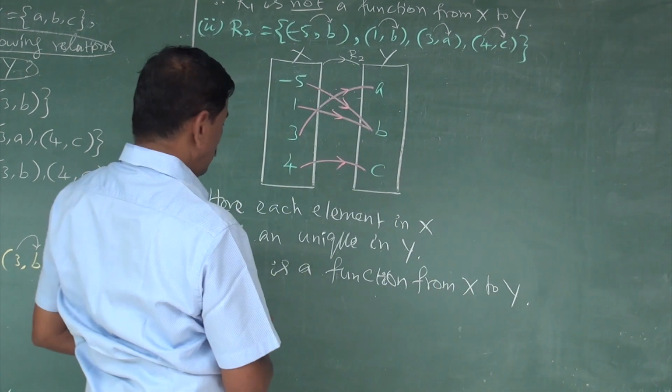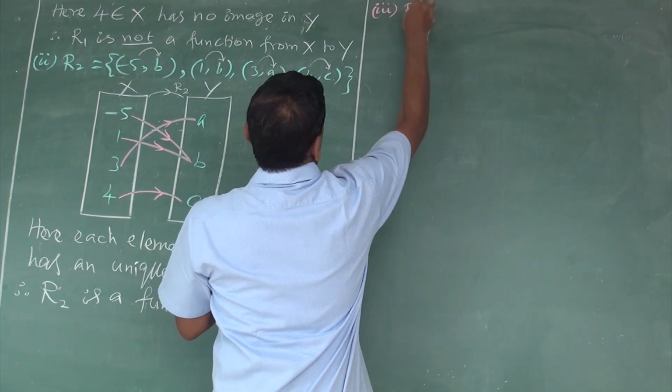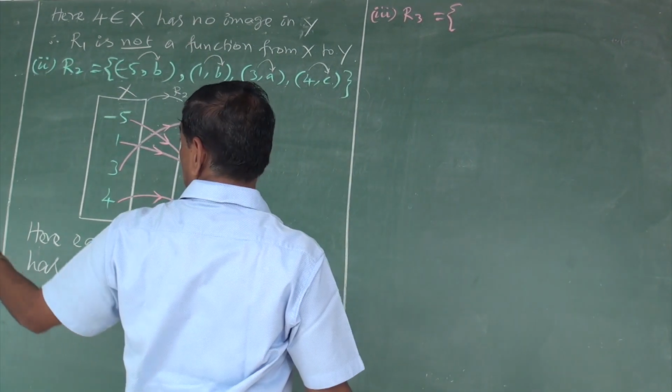Okay. Now, subdivision 3. R3 is a relation. What are the ordered pairs?